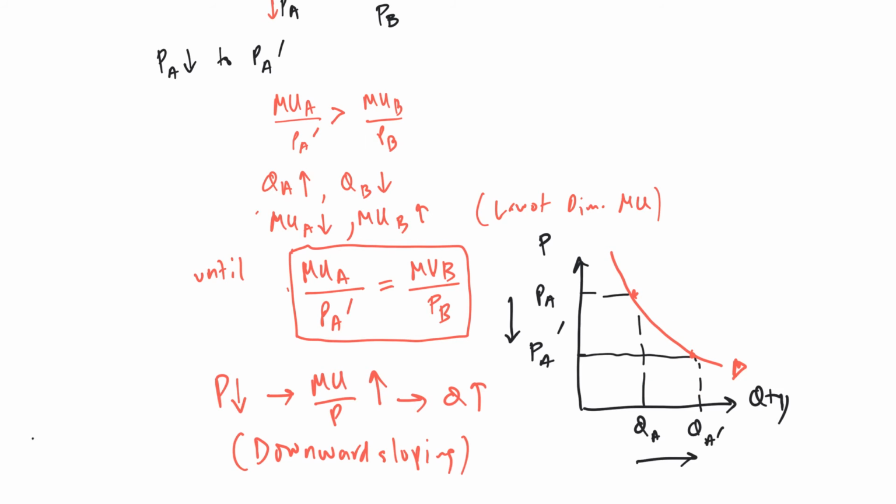But if I ask you guys, what happens to the demand for bananas? Because you are buying less of bananas. Isn't that true? You're buying less of bananas because other goods become cheaper. For bananas, is it a price factor or a non-price factor? It's a non-price factor because it's a substitute, which is apples, that is becoming cheaper. So for bananas, the reason why you're buying less of it is because the price didn't change for that.